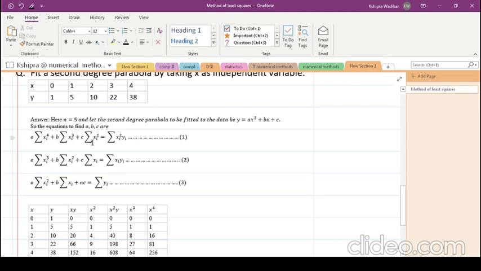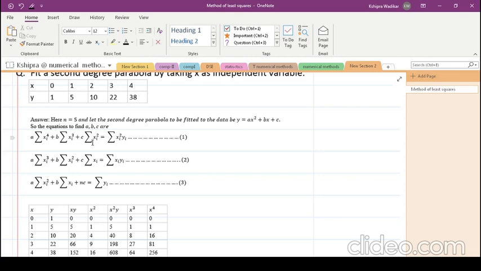The required equations are: a times summation xi to the power 4 plus b times summation xi cube plus c times summation of xi square equal to summation of xi square yi. Second, a times summation of xi cube plus b times summation of xi square plus c times summation of xi equal to summation of xi yi.